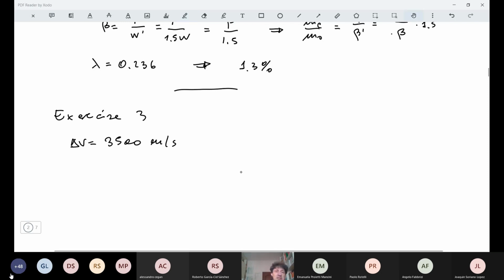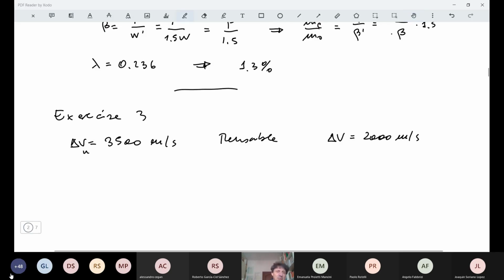We consider that this is a reusable stage and that we need a high delta V. We exploit only partially the aerodynamic drag, and we need a delta V of 2000 meters per second to be recovered, to land at zero velocity on the launch base.